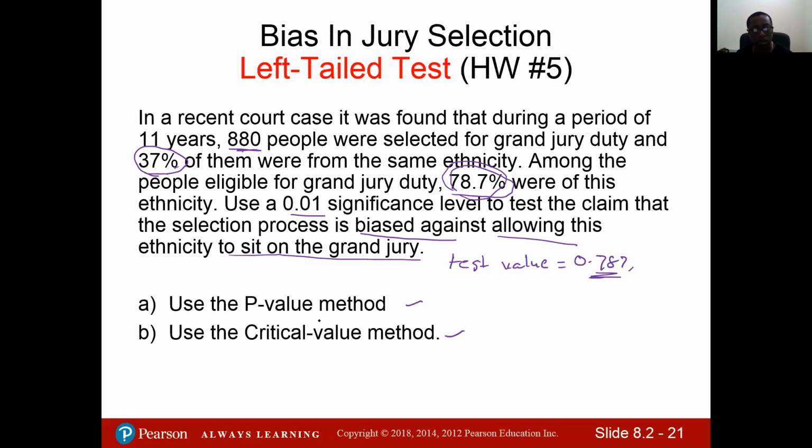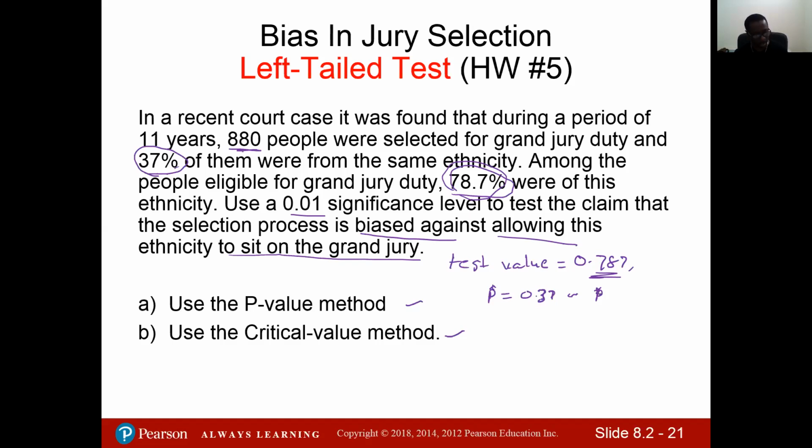I'm going to state it for both cases, and my p-hat is 0.37. If you want to know the x, you have to multiply this by 880, and then you will be able to find that value.